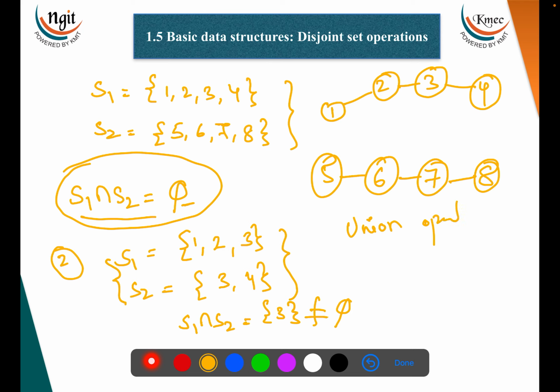Union and find operations are the basic operations we perform on sets if the sets belong to disjoint sets. So what is the union operation? The union operation is combining these two sets together. Why do we have to combine?